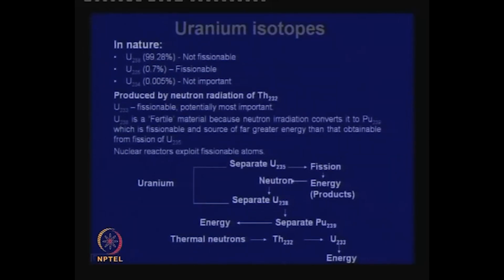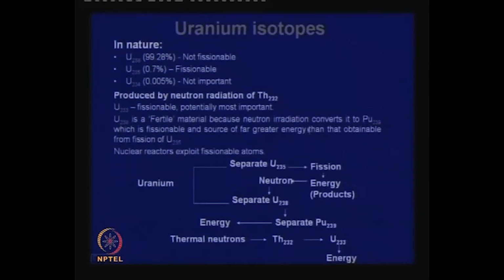Another isotope of uranium can be produced by neutron irradiation of thorium-232, which will give uranium-233. That would be the most promising starting material for nuclear energy. Why?